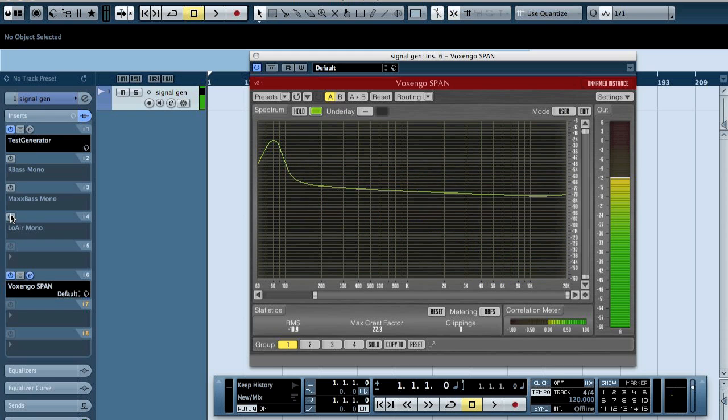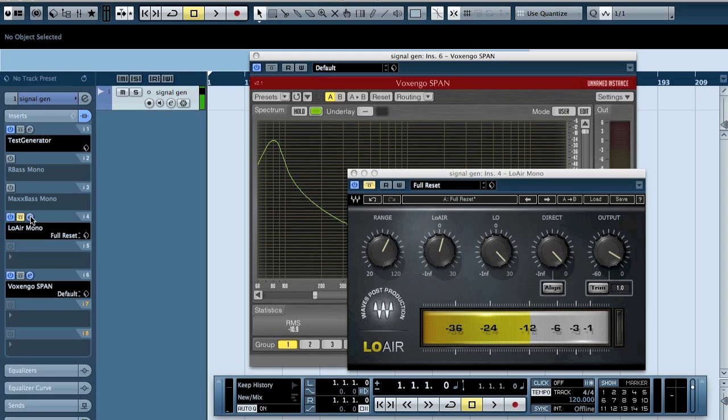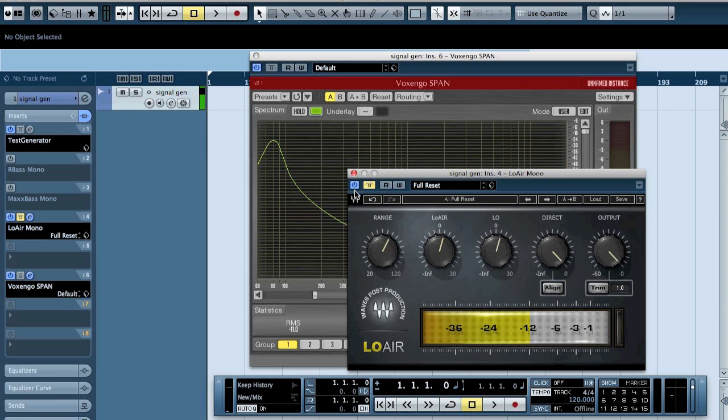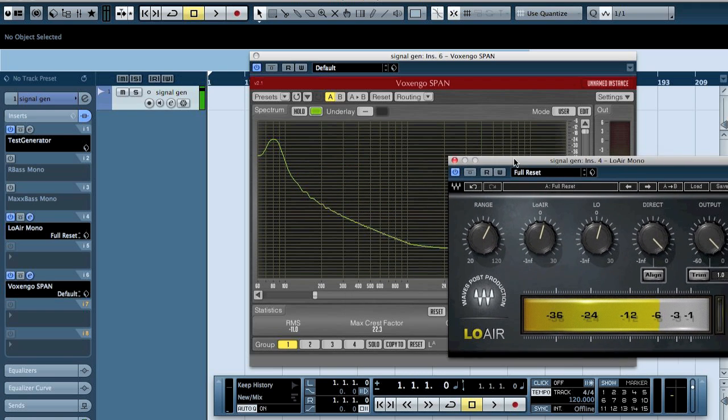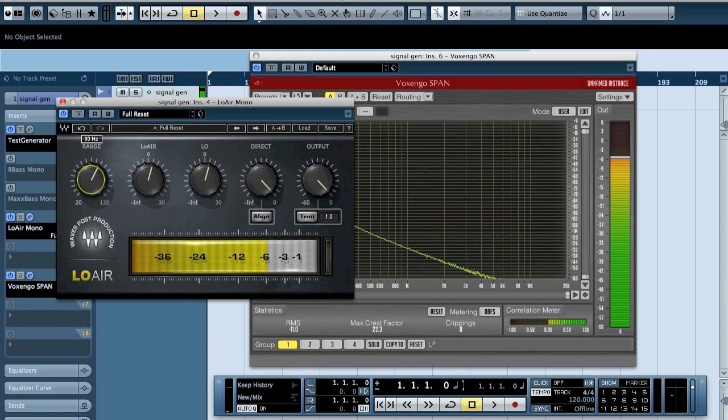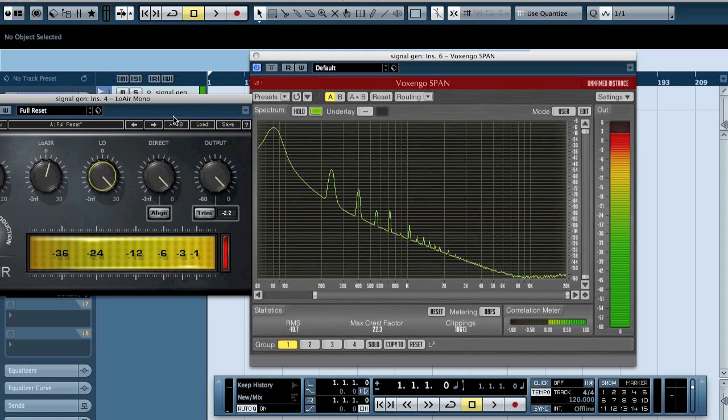Okay, what about LoAir? Once again, let's do the full reset and let's see what it does. It seems that it does nothing with the default settings. So it's at 80 Hz again. So let's crank up the low. And what we get is a fifth.